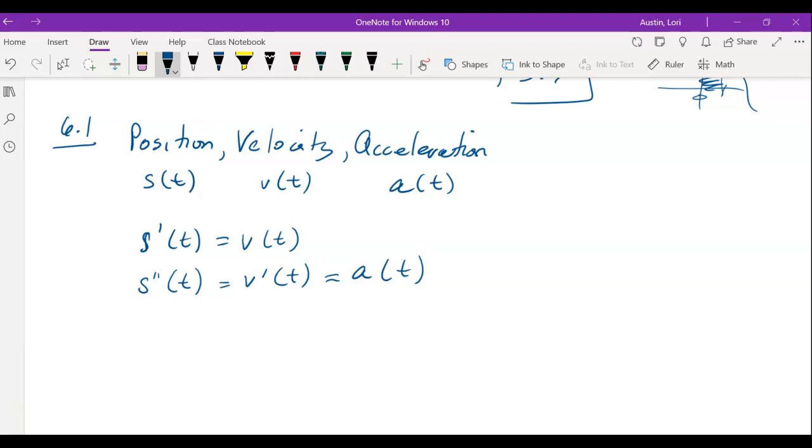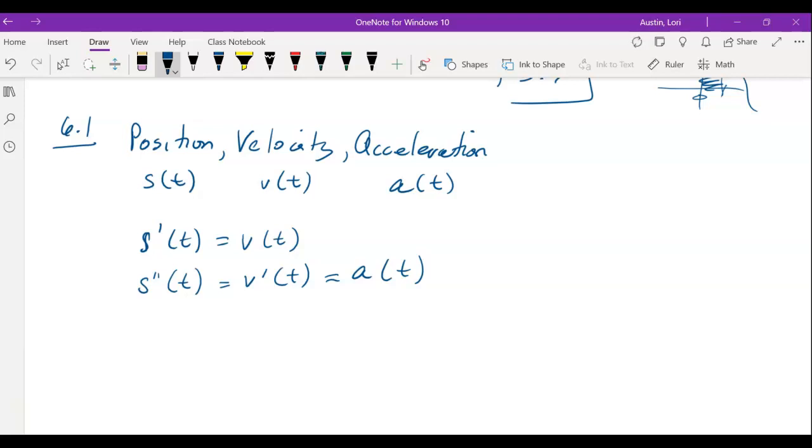Backwards. Very dumb question. Why is position s of t and not p of t? I don't know the answer to that one. Position is always s. We don't use p of t. It's standard.